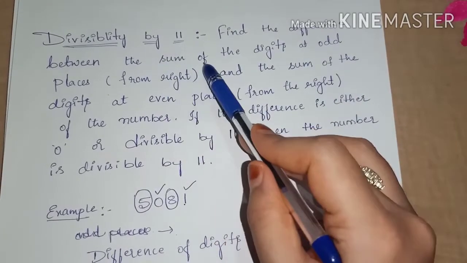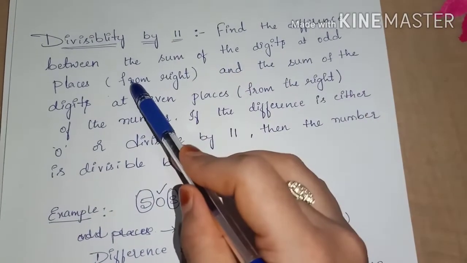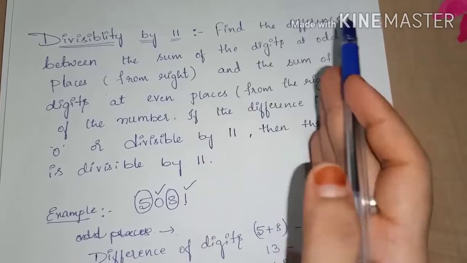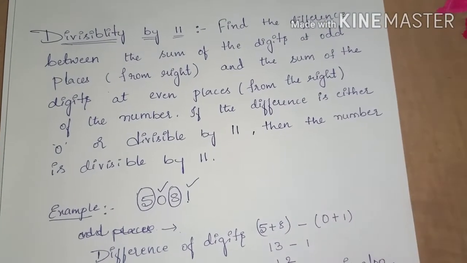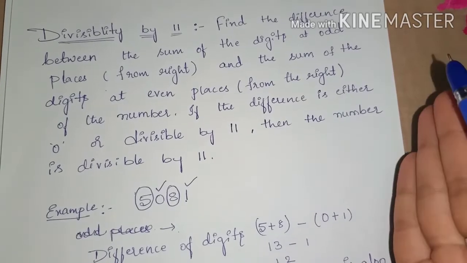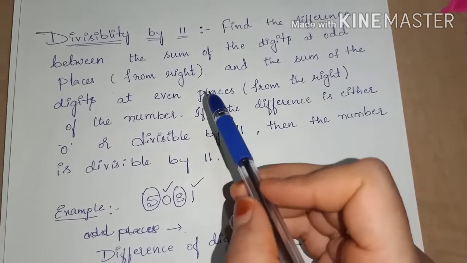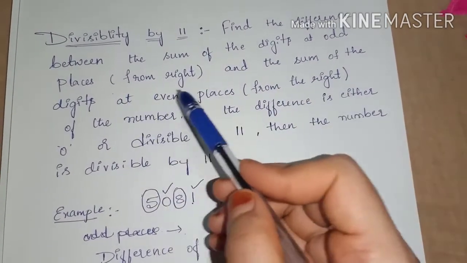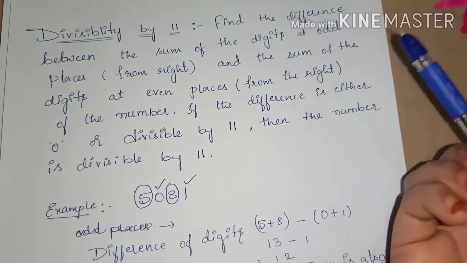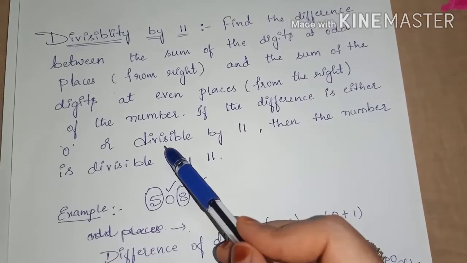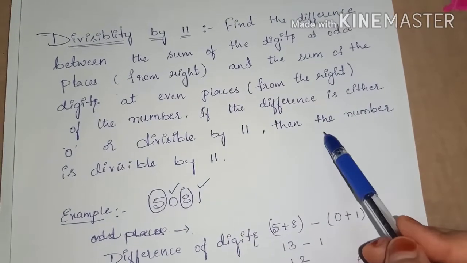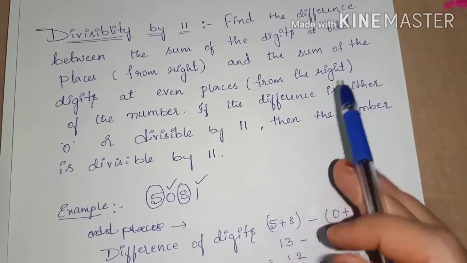Difference between the sum of the digits at odd places, considering from right hand side. Always we are considering from right hand side, right? Because one's place starts from right hand side. And the sum of the digits at the even places, again from the right hand side. If the difference is either 0 or divisible by 11, then the number is divisible by 11.